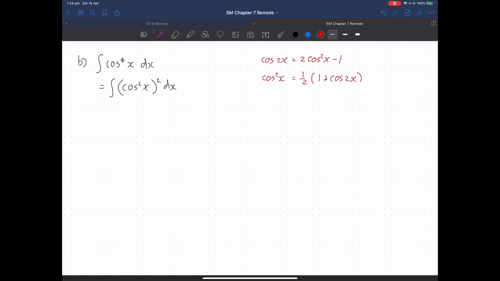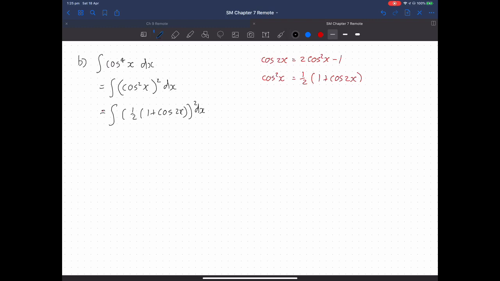In this question though, what we have now is the integral of 1/2 times 1 plus cos 2x all squared dx.